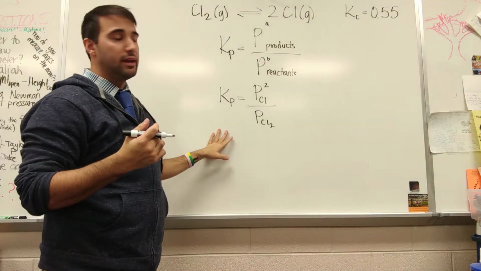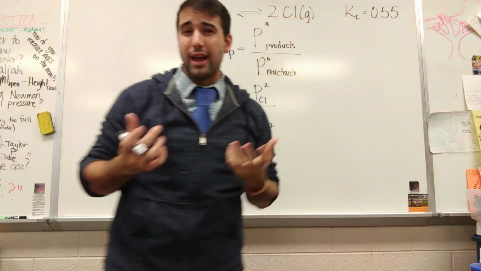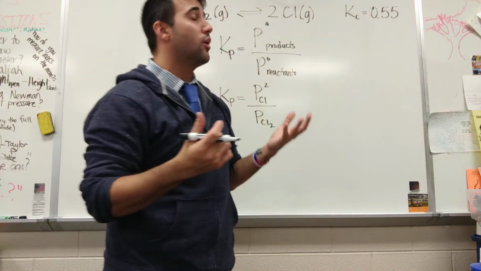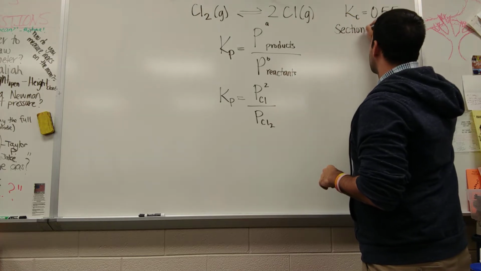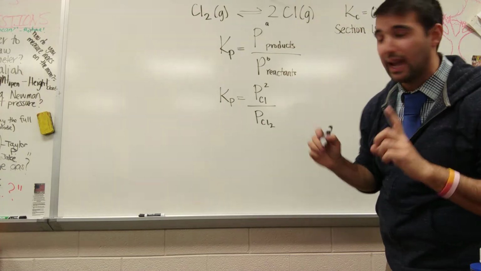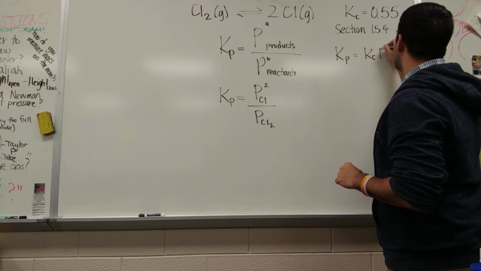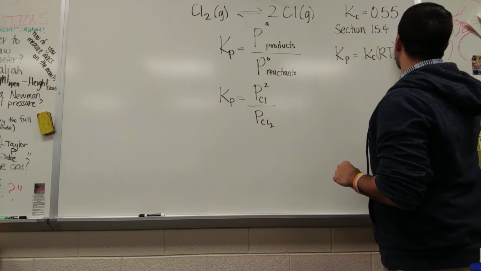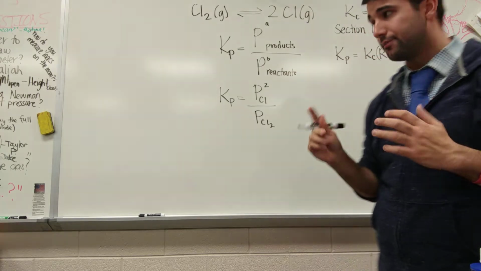Now, the problem here is they gave us the Kc. From our entrance task and from what you know from section 15.4, I am able to calculate between Kc and Kp. Kp is equal to Kc times RT raised to the delta n, if you remember from our entrance task.